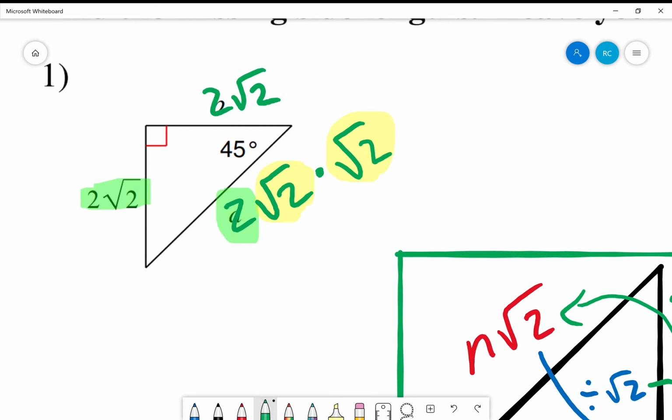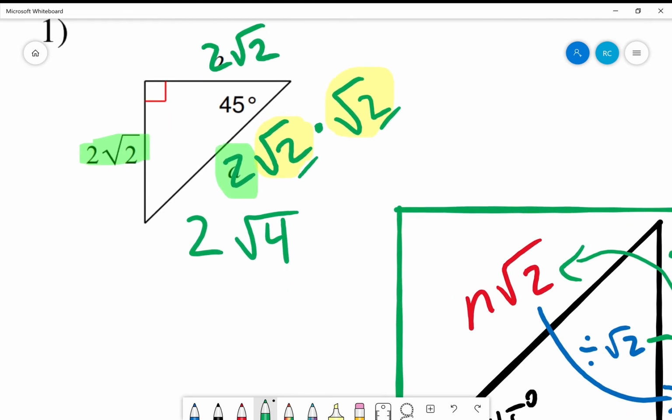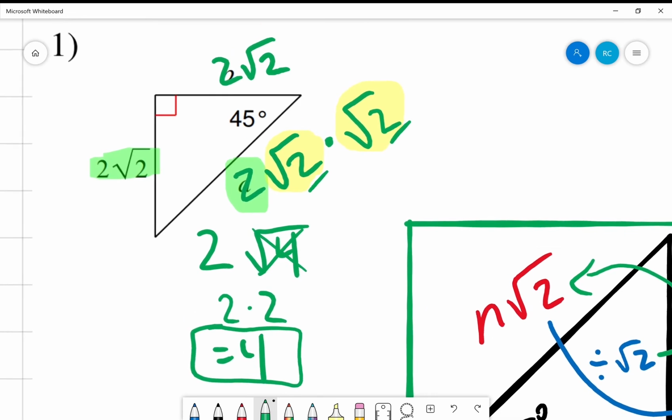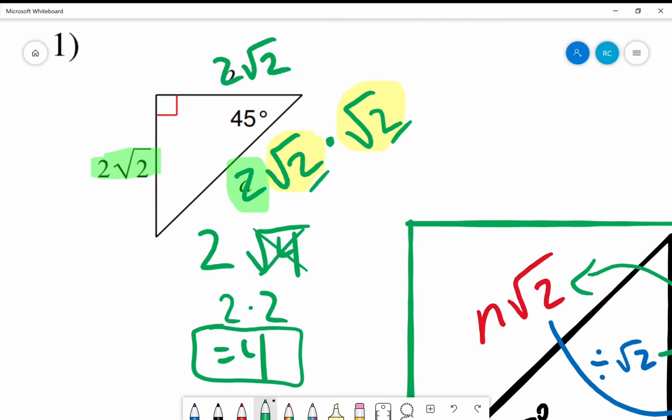So this 2 doesn't have anything to multiply with because it's the only whole number being multiplied. Square root of 2, square root of 2, that's the square root of 4. Well, we know what the square root of 4 is. That's 2 times 2. The final answer is 4. Take a moment. I went through that pretty quick.